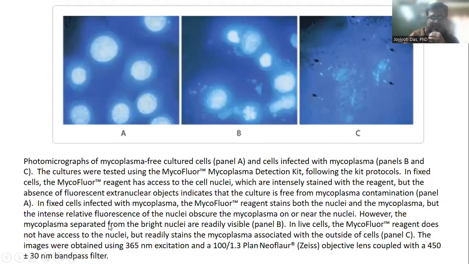In the next slide, I'll show you a nuclei-specific stain; in this particular case, a MycoFluor mycoplasma detection kit has been used to stain the culture.